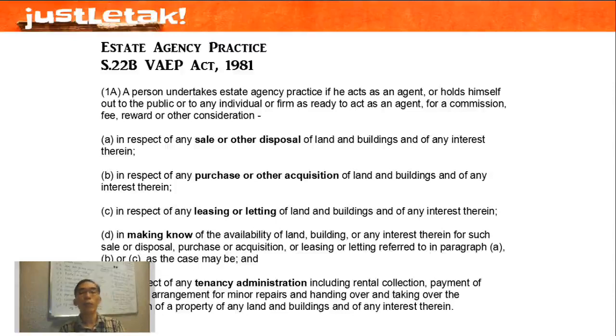This follows what is in the current state under the property managers' schedule, where valuers in the old days were also doing property management, and there is a scheduled fee for property management. As of now, because there is no separate schedule for estate agents doing tenancy administration, the likelihood is that the existing current state of law will be followed, using the rates for property managers for tenancy administration under estate agency practice.